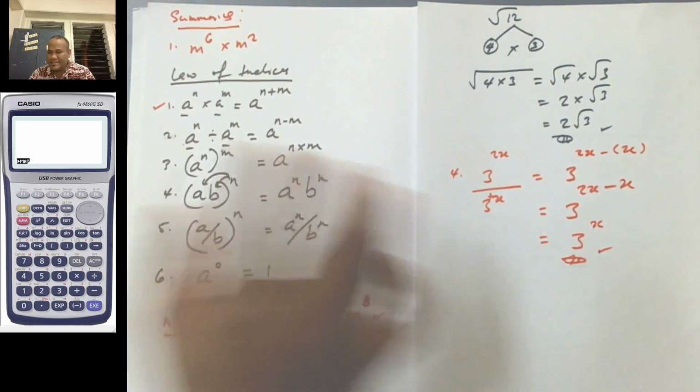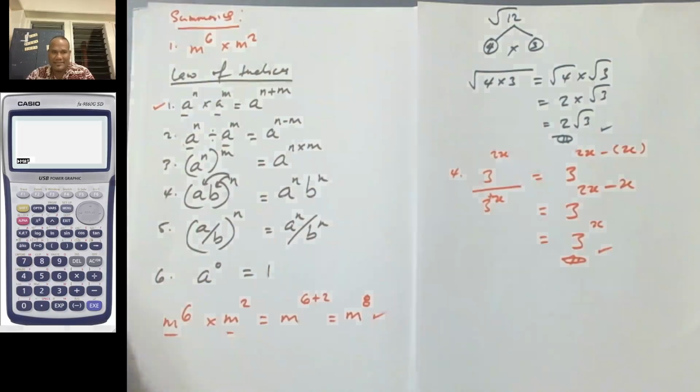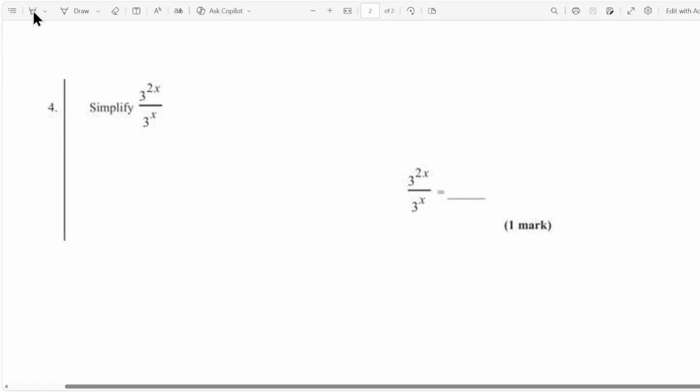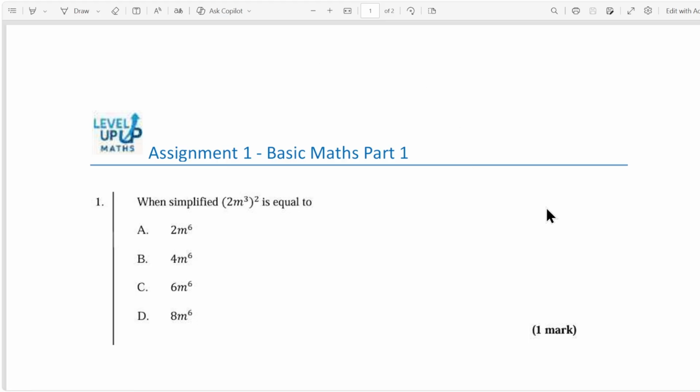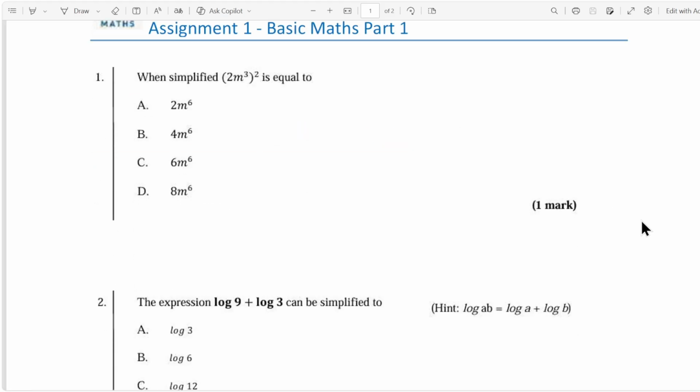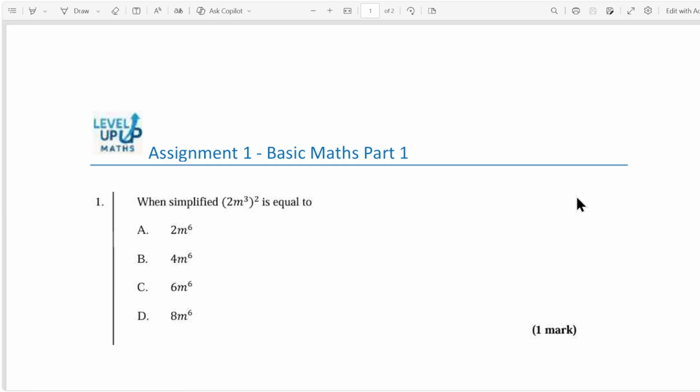Let's use this concept to answer our assignment. So our assignment, question number 1, is directly from the 2023 paper.